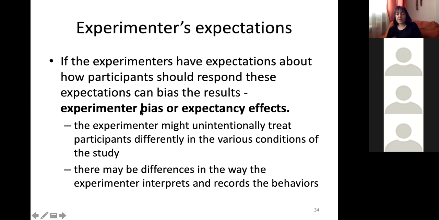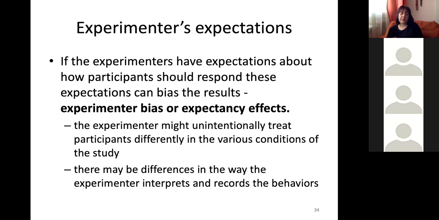But also we should pay attention to the experimenter's expectations. So if the experimenter has an expectation how the participants should respond, they could bias the result. So they can intentionally, or most often unintentionally, treat the participants differently in different experimental conditions of the study.